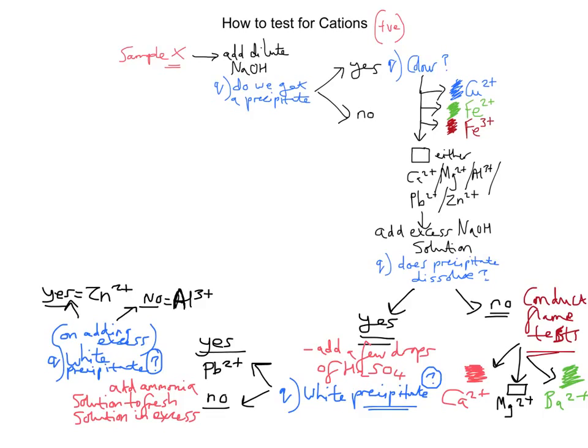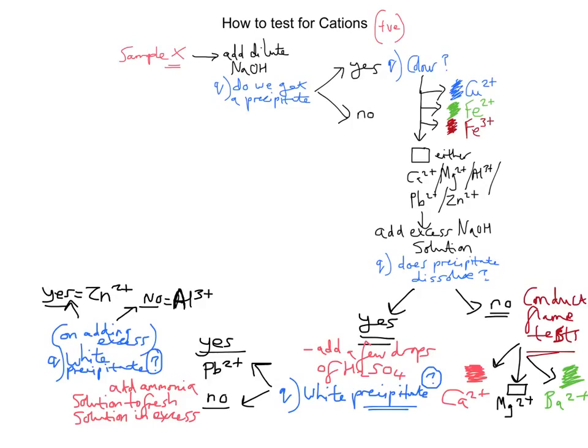If not, we've added ammonia solution, and we find out if in excess a white precipitate that forms dissolves, and if yes or no, we get zinc or aluminium. And if we did have a white precipitate forming upon adding sulfuric acid, then we've identified lead. So we've identified a good number of cations here.